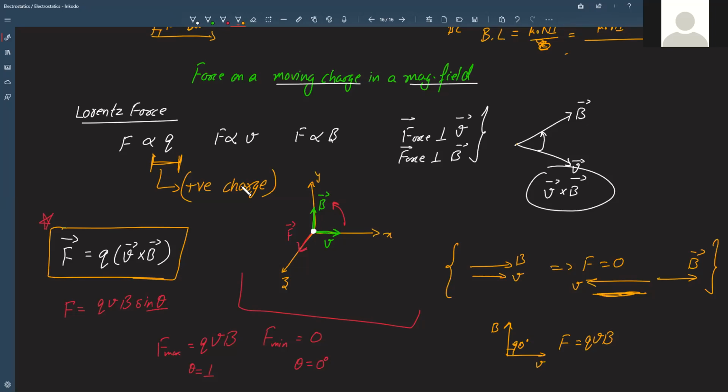Because conventional current is the direction of positive charge, or the flow of positive charge. Actually, electrons flow. But when electrons are flowing in one direction, that means there is positive charge flowing in the opposite direction. So we have to make note that this is the positive charge which we are interested in.